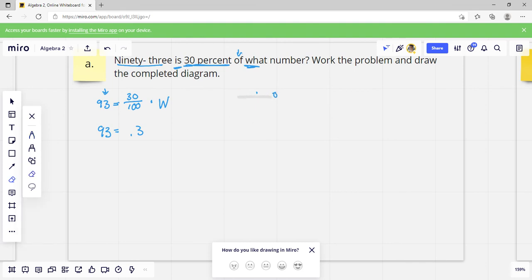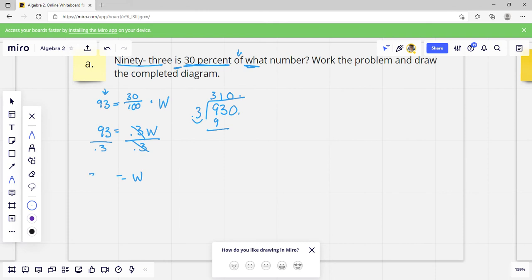Just move my decimal back to the left too. 0.3 W. So that means I'm just going to divide both sides by 0.3. And I'm going to get W equals, so I need 93 divided by 0.3. And you can use a calculator to do this if you need to. And I'm going to say 3 times 3 is 9.